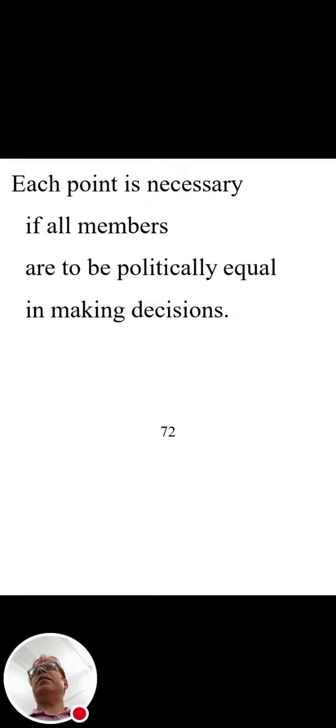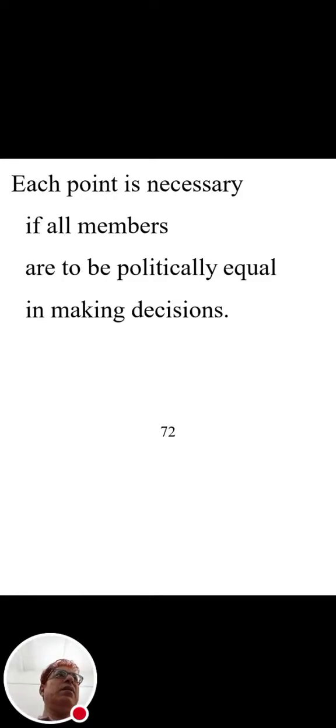What is the simple answer? Each point is necessary if all members are to be politically equal in making decisions. Why these five criteria? Because these are necessary if all members are to be politically equal in making decisions.